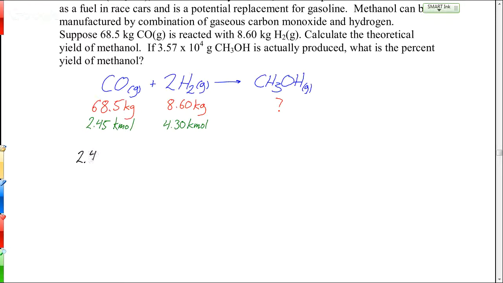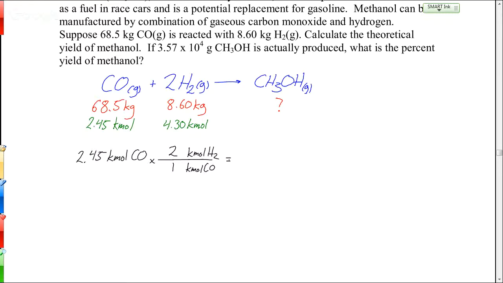So we can say 2.45 kilomoles of CO. And then we want to figure out how many kilomoles of hydrogen are needed per mole of CO. The equation tells us that we need 2 of these for every one of these.